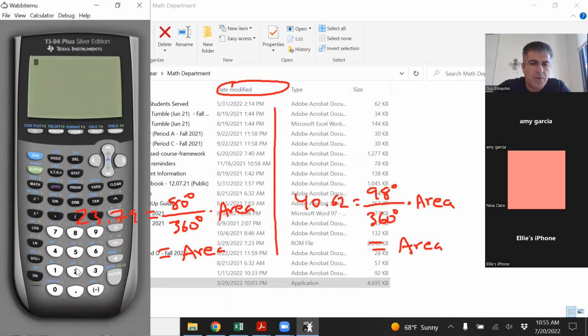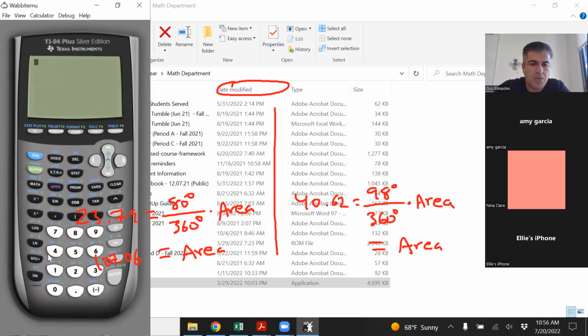Yeah, so for the first one, 23.79 divided by, and then in parentheses, 8/360. And that's that, 107.06. I don't know the units for that. I'll worry about that later.